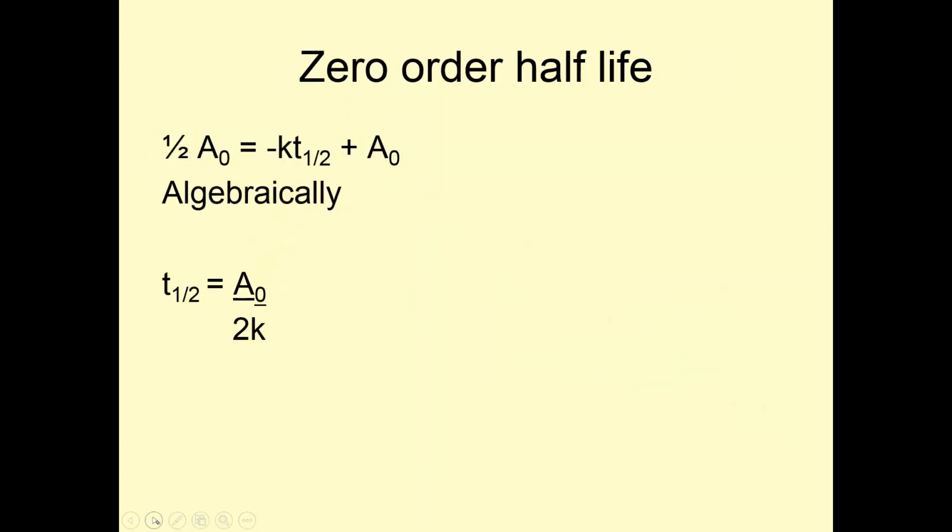Zero order half-life. Okay? So A is my original amount, right? If you have to calculate the half-life and you know the equation for zero order, then the amount at time t would be half of A naught.